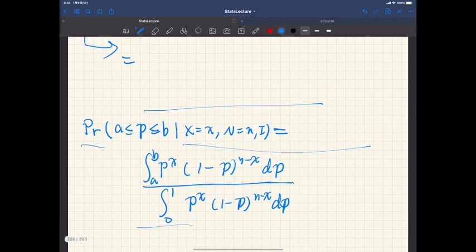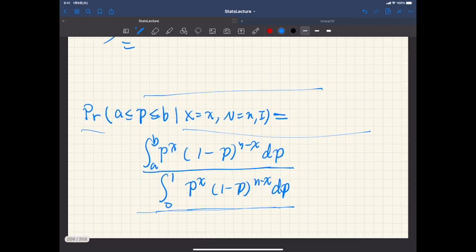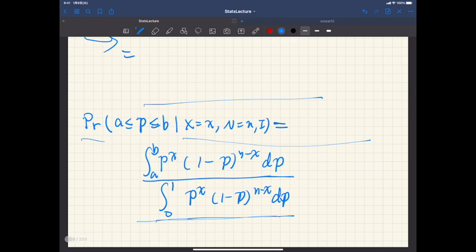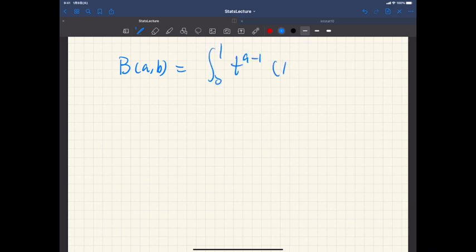If you remember, what is this function in the denominator? This is actually a beta function. The beta function with parameters a and b is given by the integral of t to the a minus 1, 1 minus t to the b minus 1 dt.